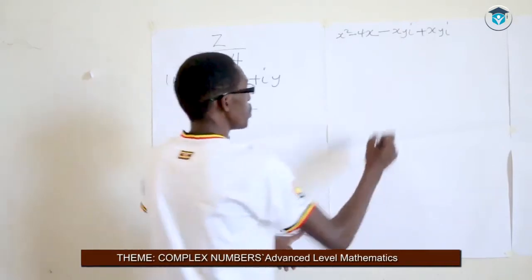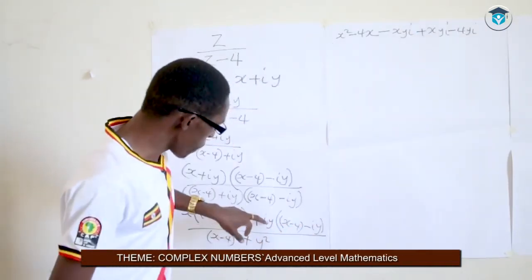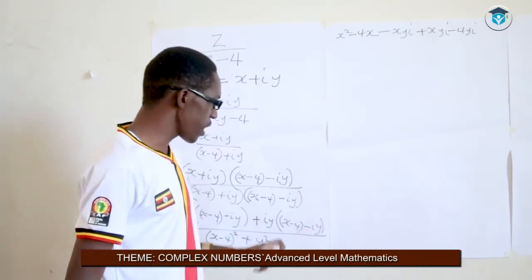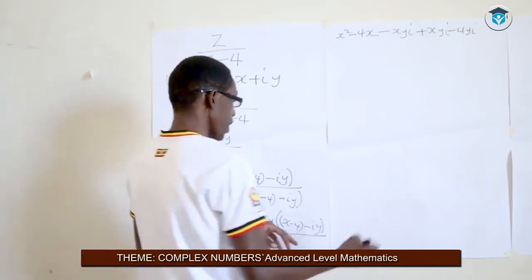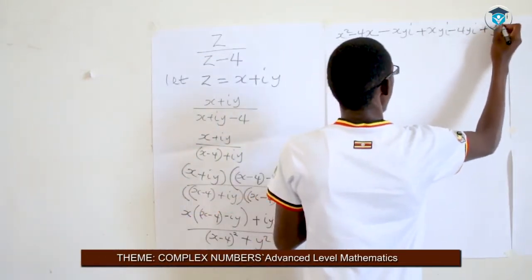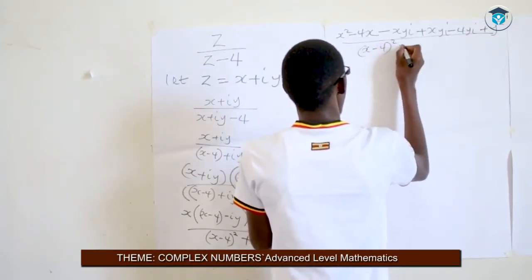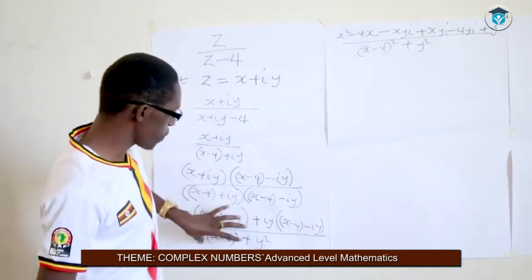Then multiplying this gives minus 4yi. Then multiplying these two, we are supposed to get a negative, but i times i is i squared, and i squared in complex numbers is negative 1. So thereafter we shall get plus y squared, over x minus 4 squared plus y squared. So this is what we have got after expanding this.